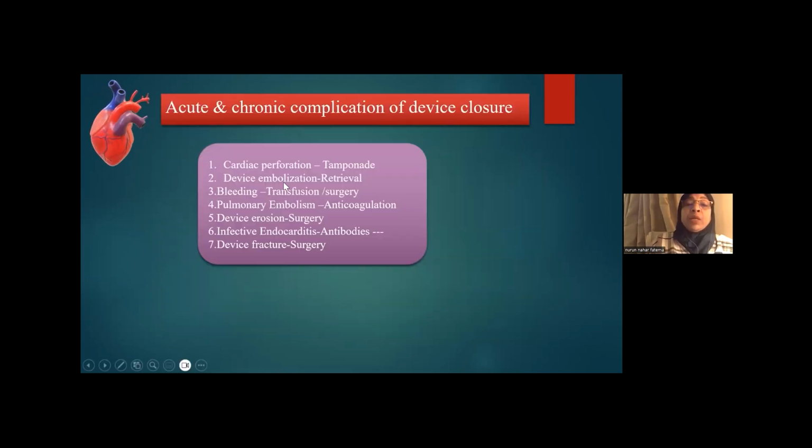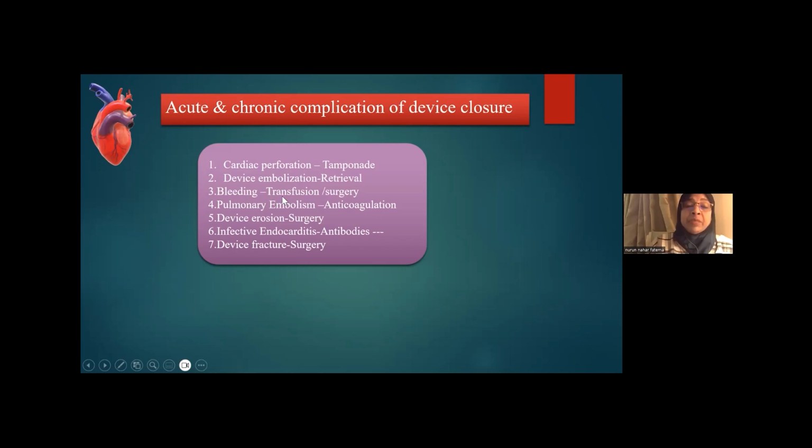Now, what are the acute and chronic complications of the device closure? There is a chance of cardiac perforation and tamponade and death. There may be device embolization, but retrieval of the device is possible with the hardware available, like a snare catheter. If not available, then we can refer the case to the surgeon immediately. They can retrieve the device and at the same time close the ASD.